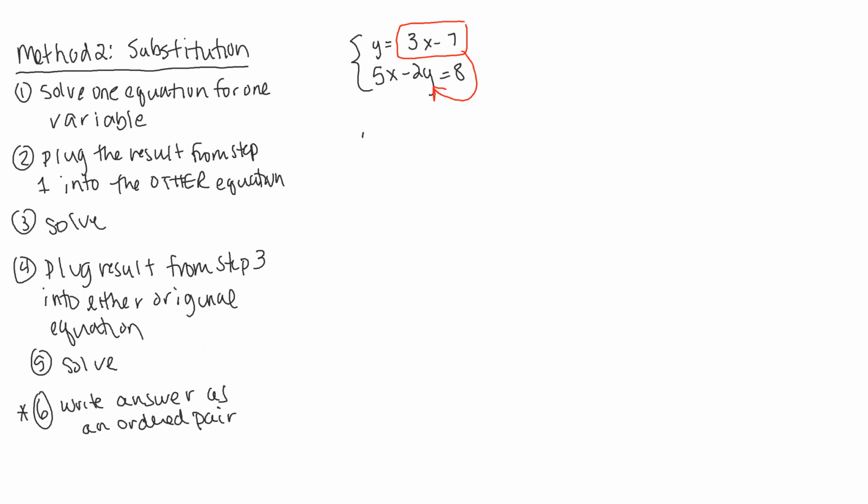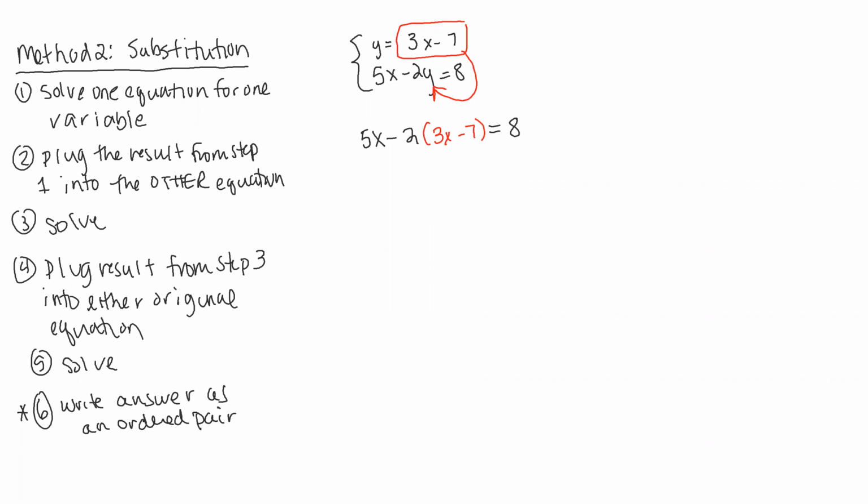I get 5x minus 2 times (3x minus 7) equals 8. By having the first equation solved for y and plugging its value into the second, the equation no longer has 2 types of variables. It just has x's. This is something I can solve like we did back in chapter 6.